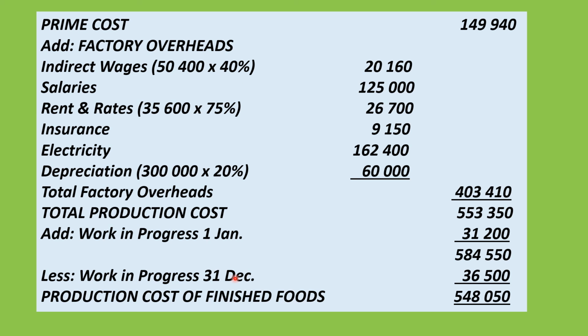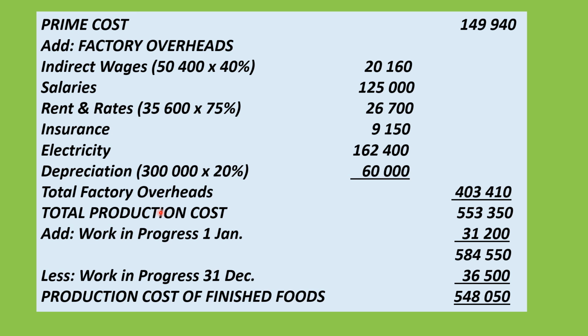So if you can add everything else and minus those figures, you would still get the production cost of finished goods. But the accountants like to be fancy and get them under the correct headings. That shows you know what you are doing.